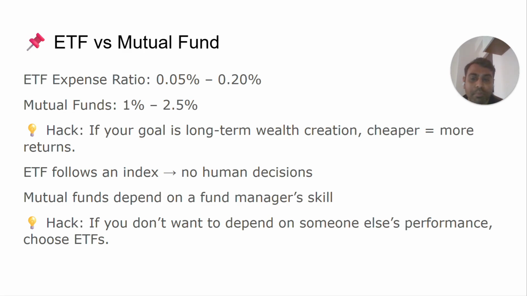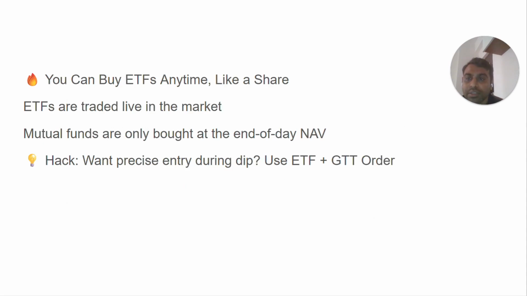ETFs often perform better than mutual funds, and you can buy an ETF at any time. ETFs are traded in the live market. If in one day Nifty falls 2% and by the end of the day it has recovered, we have a chance to buy it low.